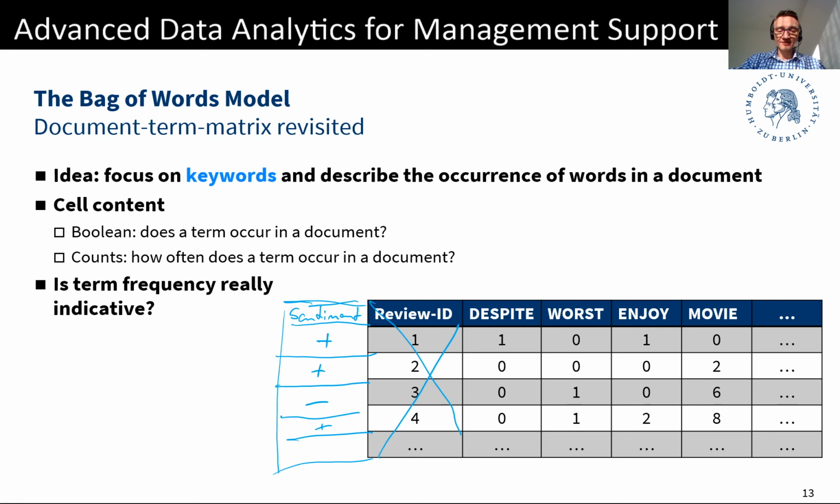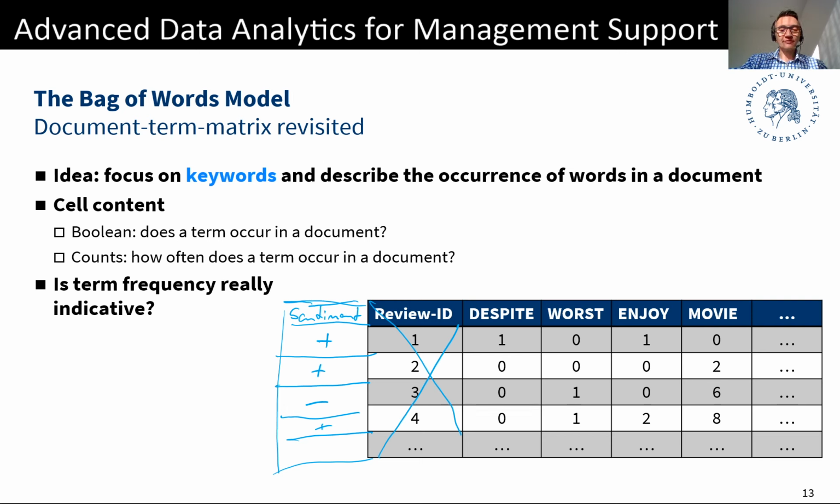And the case number 4 is a bit more delicate. The word worst is used in review number 4, but so is the word enjoy, which is a positive word. And since my matrix displays term frequencies, how often words are used, and since the term frequency of enjoy exceeds that of worst, my classifier could learn that, okay, there apparently was something negative in the review, but there also must have been something positive in the movie which the writer enjoyed, so I classify it as positive.